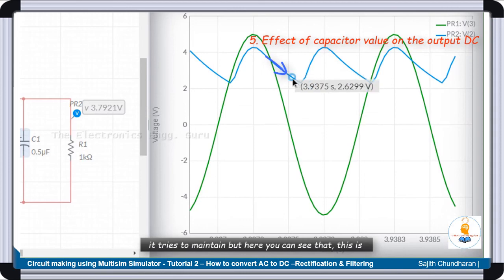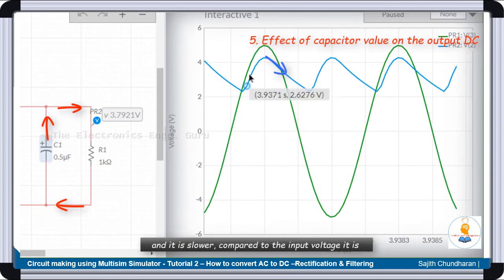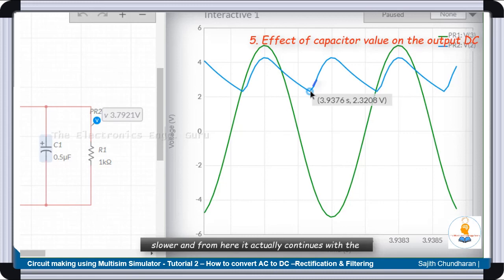Here you can see that this is the discharge of the capacitor. It tries to maintain, but of course some voltage is discharged, so it is slower compared to the input voltage. Then it again continues with the rectified voltage, and while discharging it is slower.